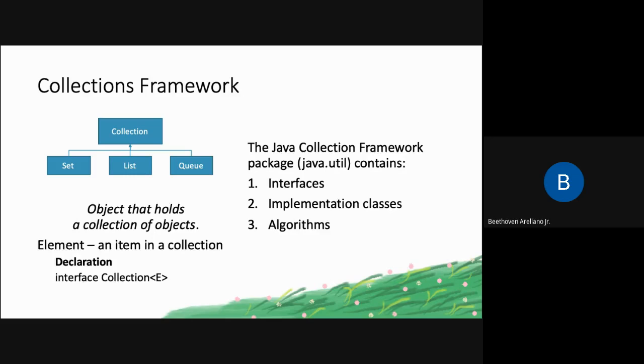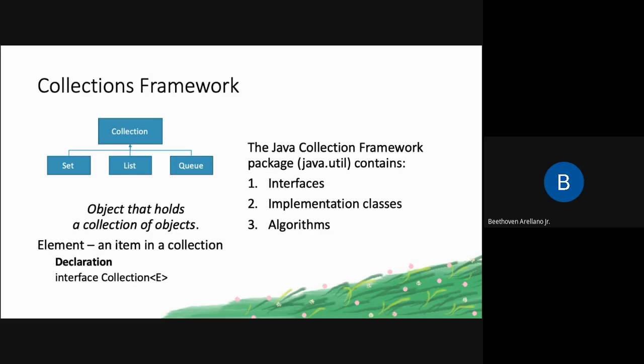The collection interface is the foundation upon which the collections framework is built because it must be implemented by any class that defines a collection. Collection is a generic interface that has this declaration: interface Collection<E>. E specifies the type of objects that the collection will hold.